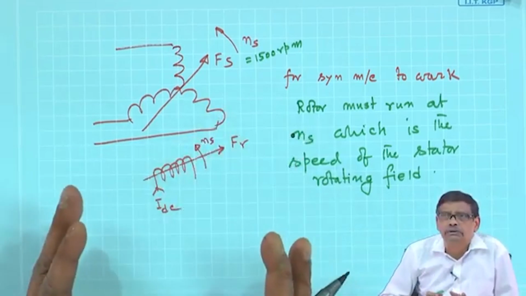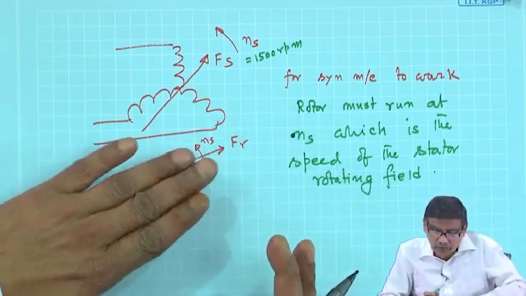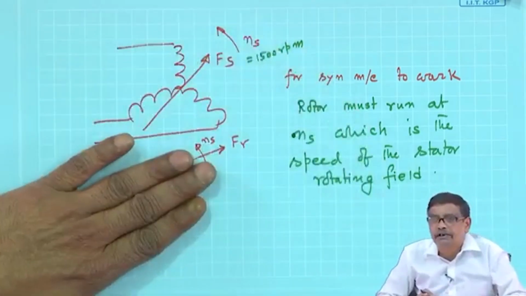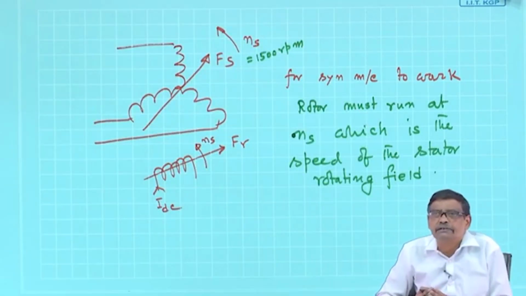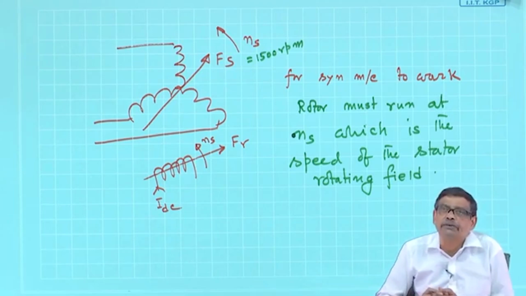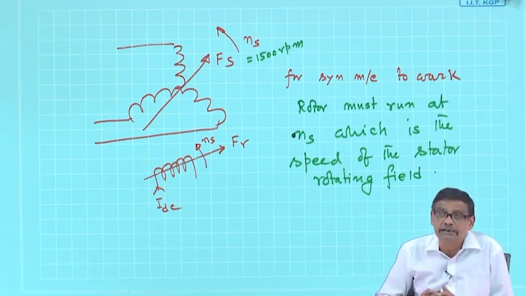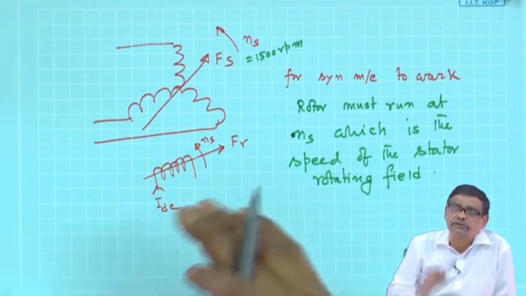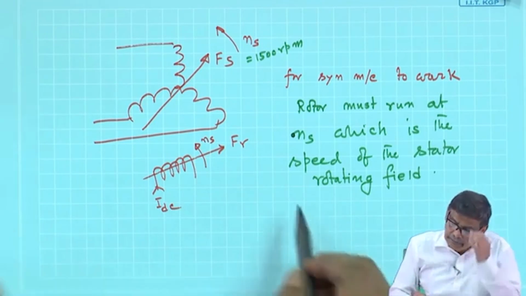No, because with respect to the rotor field, the stator field will be running at 100 rpm. There should not exist any relative speed between stator and rotor field. Then this machine is not going to produce any steady electromagnetic torque. And this we have discussed in greater length, go through earlier lectures.